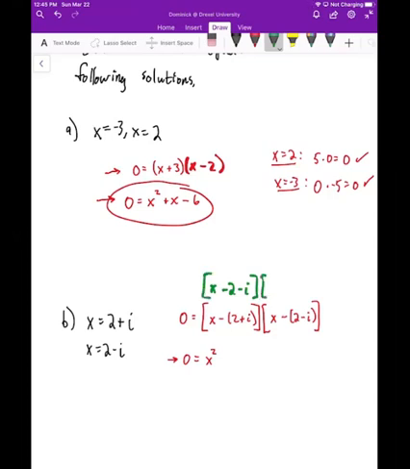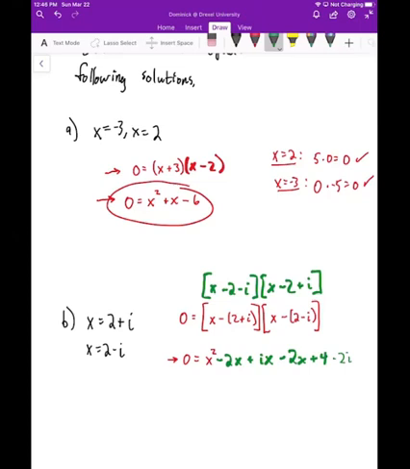And this one would be an x minus 2 plus i. So the x times x is x squared. Then we get minus 2x and a plus ix. And then we get a minus 2x again, plus 4 minus 2i.